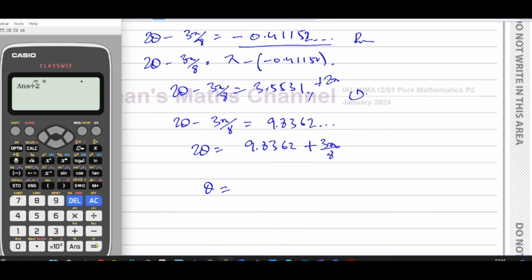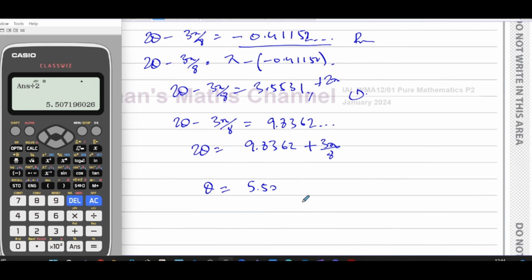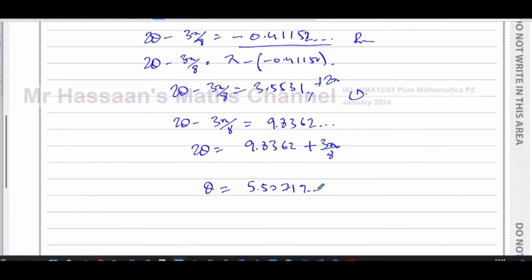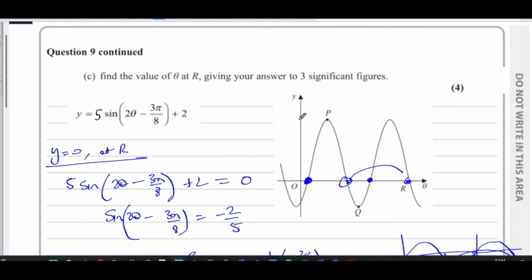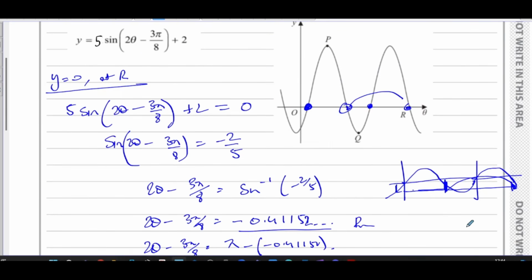That gives me 5.50719, it goes on. Now we can round the answer to 3 significant figures. So theta is going to be 5.51, and that's the fourth time the curve hits this.